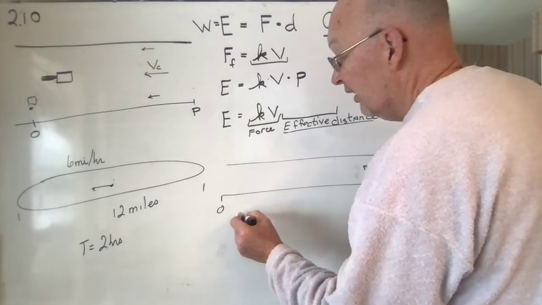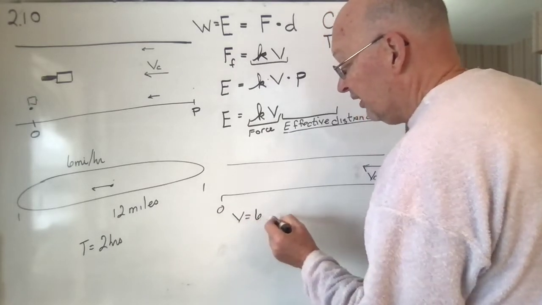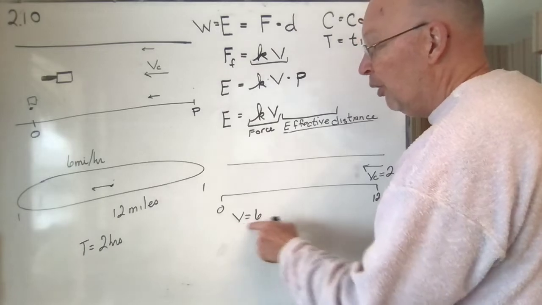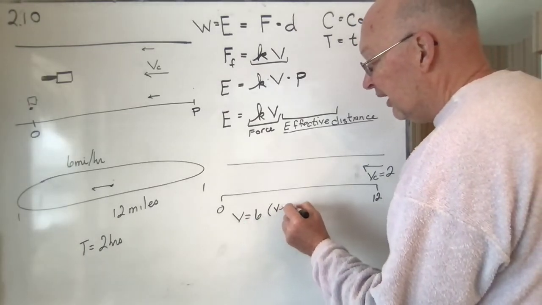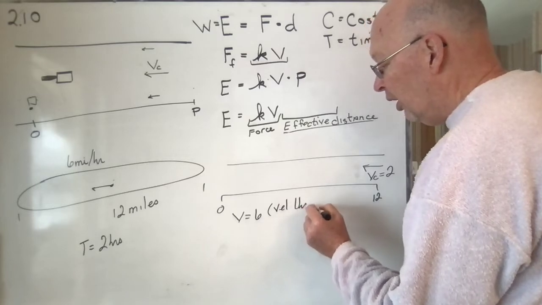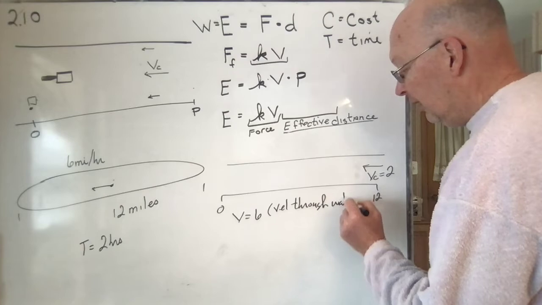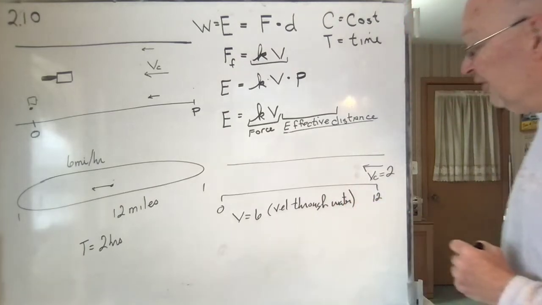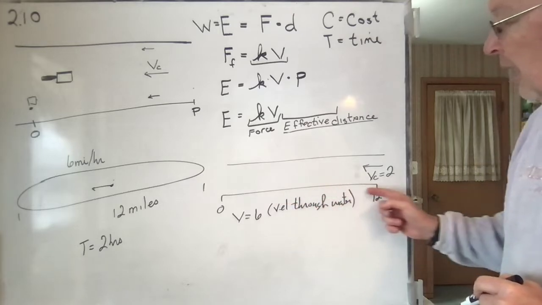Okay, so let's let V be the same thing as before. That's 6. That's your speed through the water. So we have to be more careful here. That's your speed, or that's your velocity through the water. Okay? But the question is, how fast are you actually going along the bank?